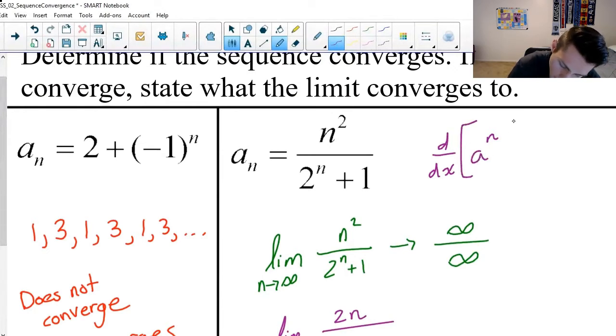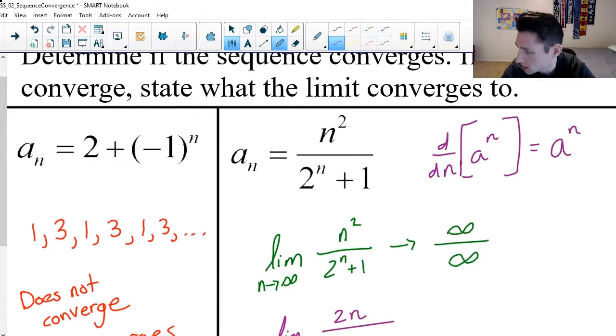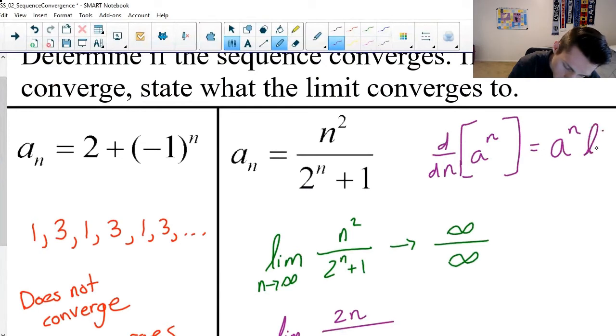Any number to the nth power, if I want the derivative of that, it is similar to e, where it is the same thing, but then times the natural log of the base.